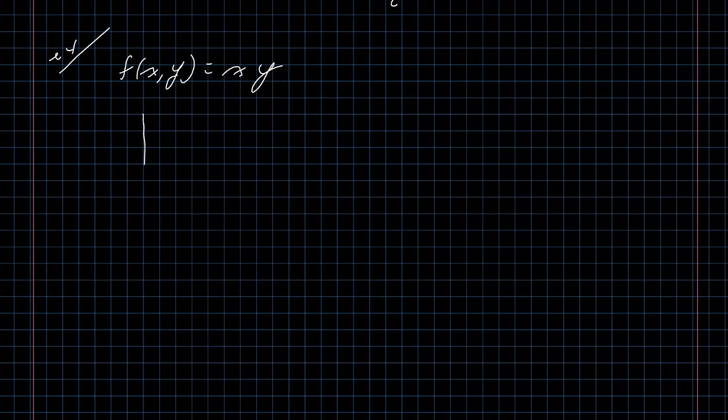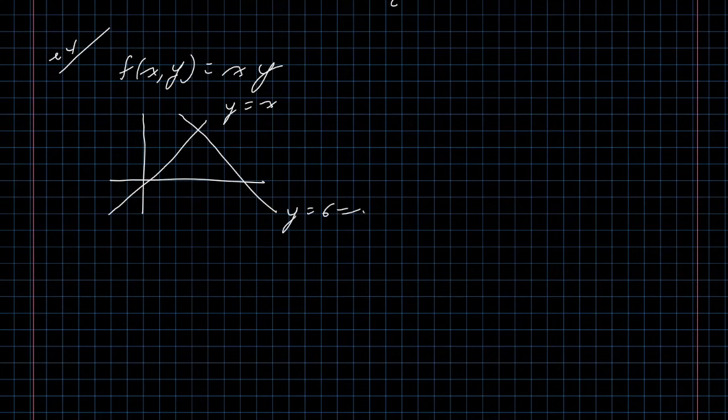I'm going to set up my region by sketching out the xy plane, and I'm going to draw two lines, y equals x and y equals 6 minus x. My region is the space bounded between these two lines and the x-axis. That's my region R.